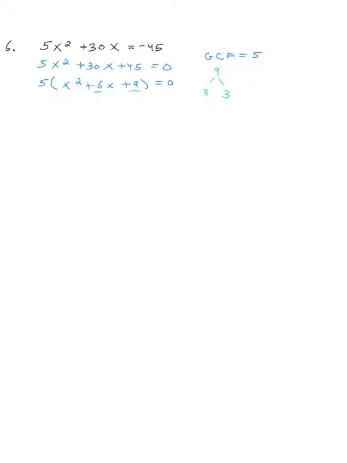So this is a lot like question 5, where this factors as 5 times x plus 3 times x plus 3, or simply 5 times x plus 3 squared. And again, we have just one number that makes this equation 0, and that is -3.